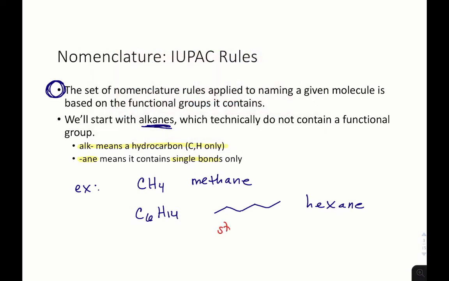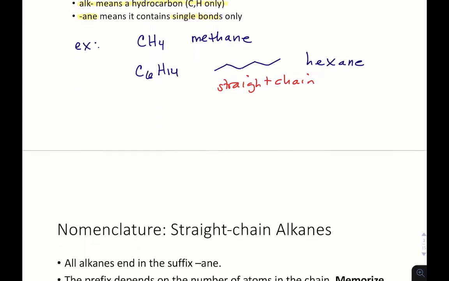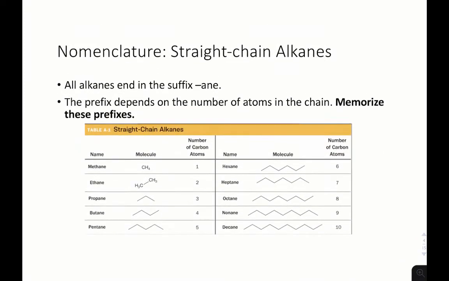Okay, hexane is an example of a straight chain hydrocarbon. All of those carbons are in a line. So when you want to name any straight chain alkane, you're going to use a prefix that describes the number of carbons in the chain. So we had hexane before, 6 carbon atoms in the chain. The prefix is hex.